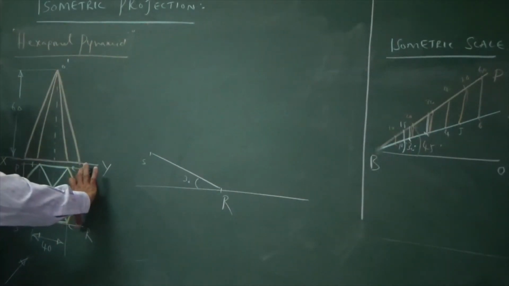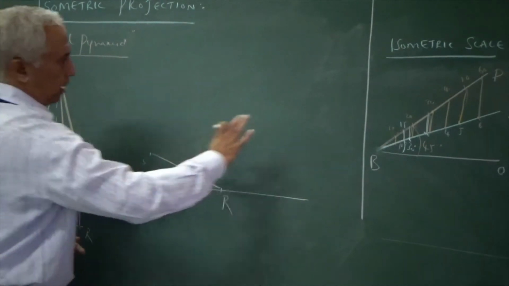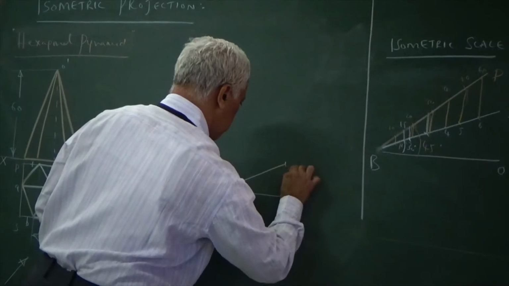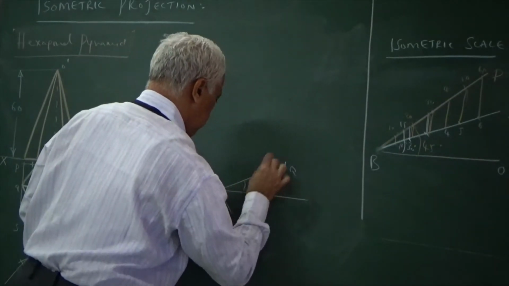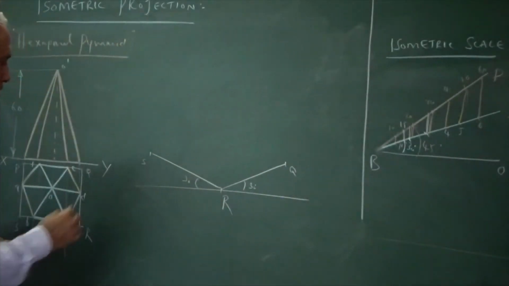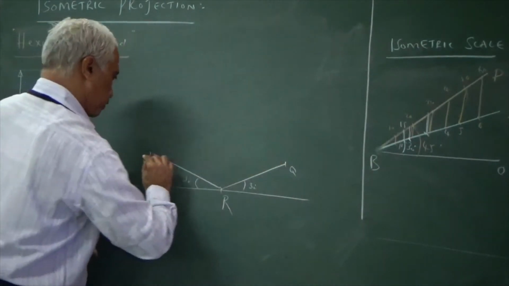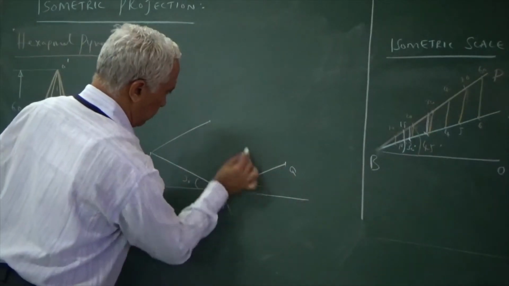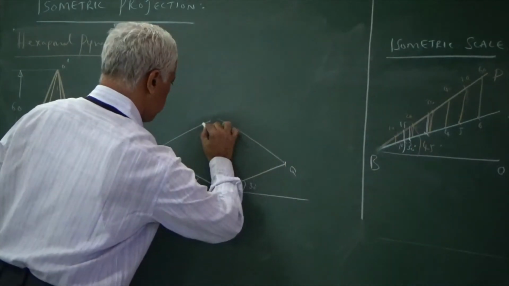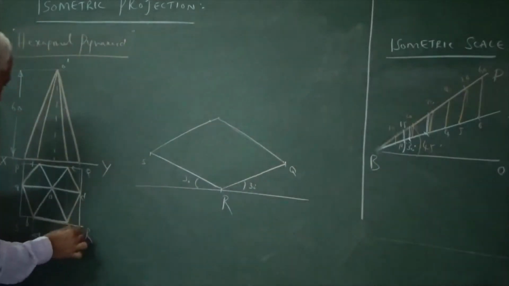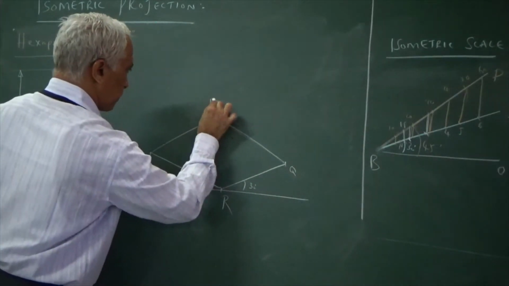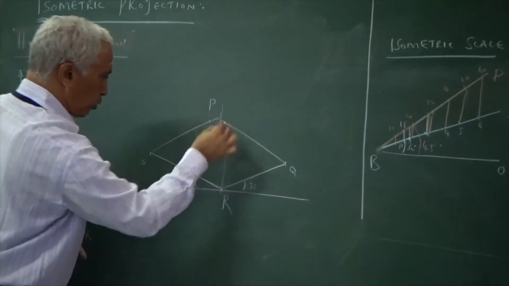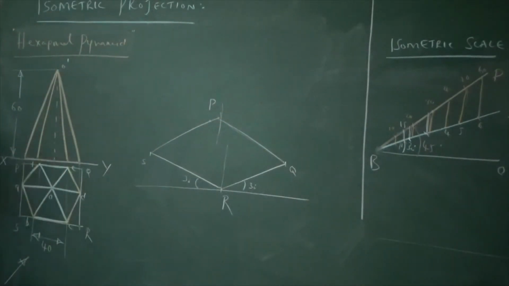Take RQ, measure in the compass, get the iso of RQ from R towards Q, draw a 30 degree line and get the iso of RQ. From S, draw a parallel to RQ and from Q, draw a parallel to RS. I get the point P. And you can cross check, P and R will not coincide because the figure is not a square.